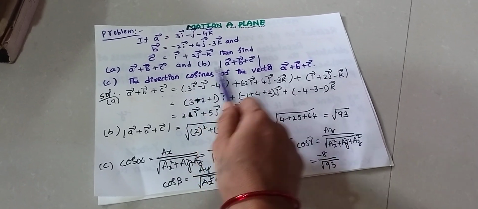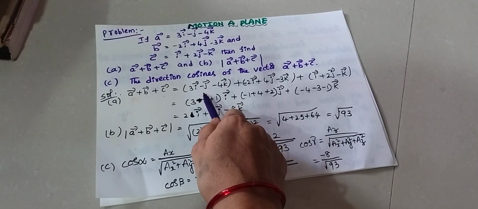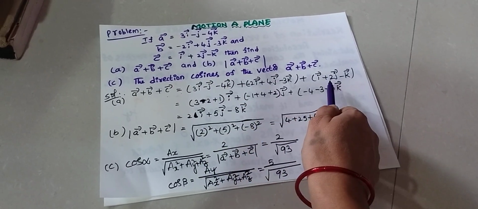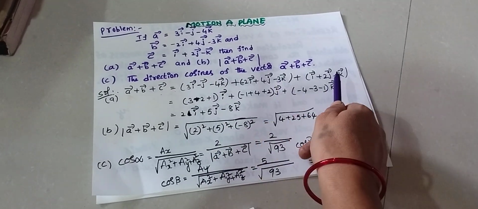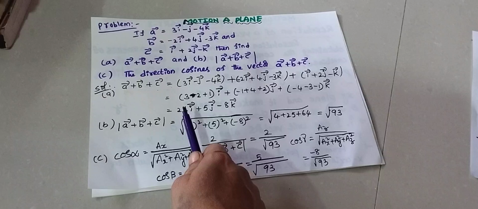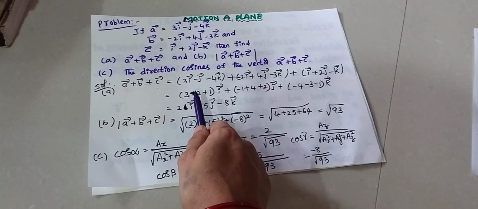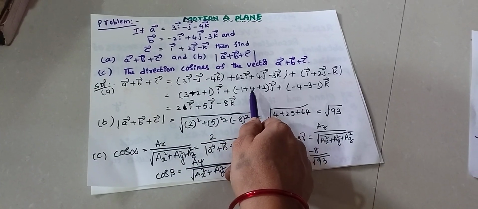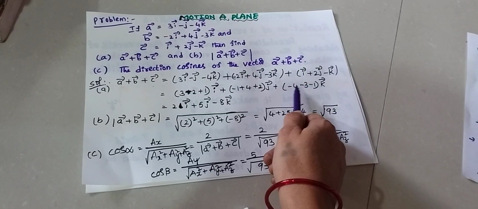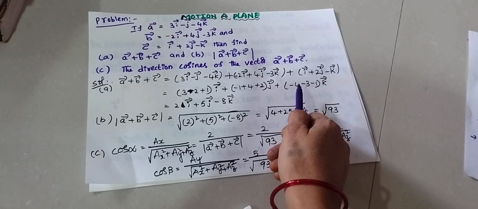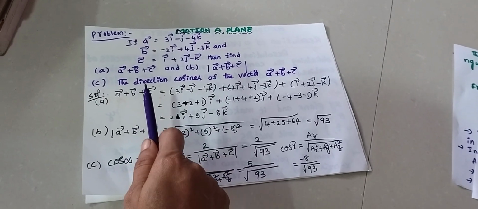So we get 3 minus 2 plus 1, which is 2i bar, plus minus 1 plus 4 plus 2, which is 5j bar, plus minus 4 minus 3 minus 1, totally minus 8k bar. This is A bar plus B bar plus C bar.